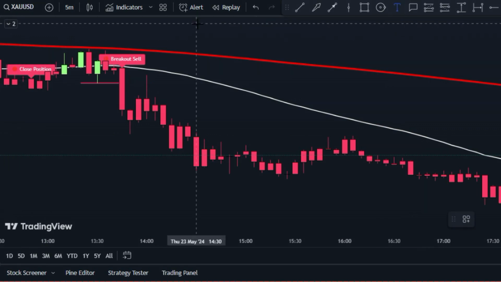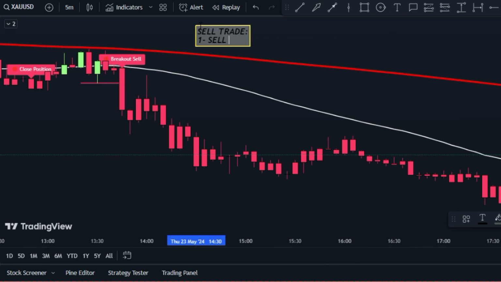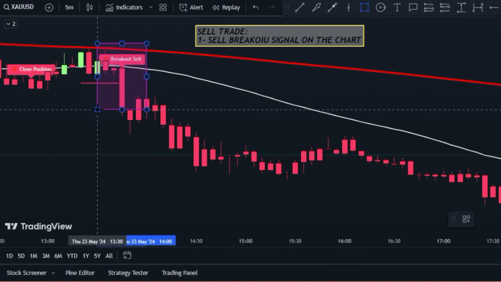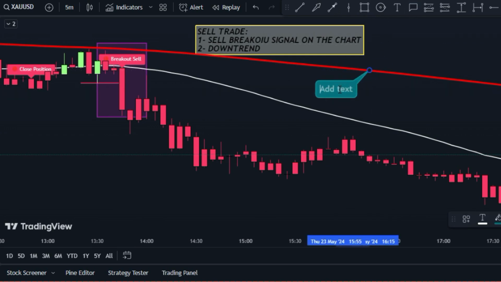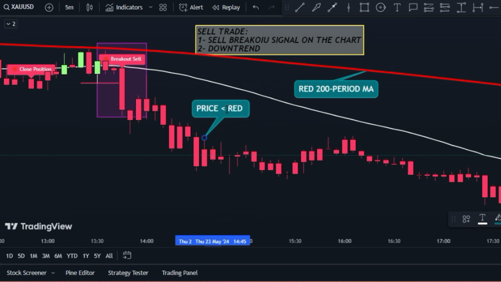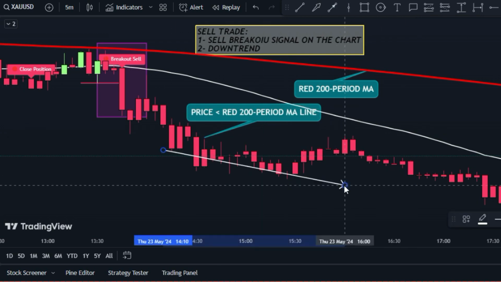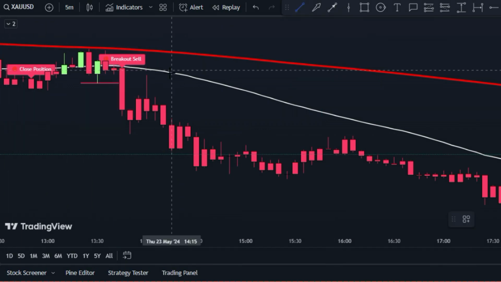For sell trades, follow these steps. Look for a sell breakout signal on the chart. Check if the signal candle's close price is below the red 200 moving average line, confirming a downtrend, a prime sell trade opportunity. Once both conditions are met, enter the sell trade.